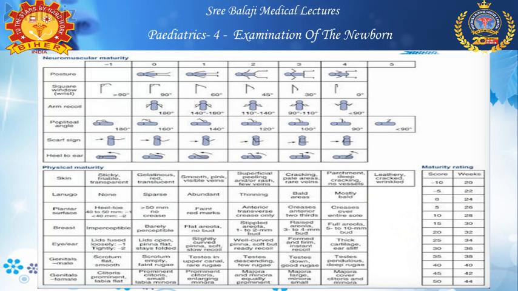This is the neurologic criteria, and the physical criteria is seen in the picture. Scoring starts from 0 to 1, 2, 3, 4, 5, and you have to score everything separately, add it up, and with the score you will easily assess the gestational age in the chart.